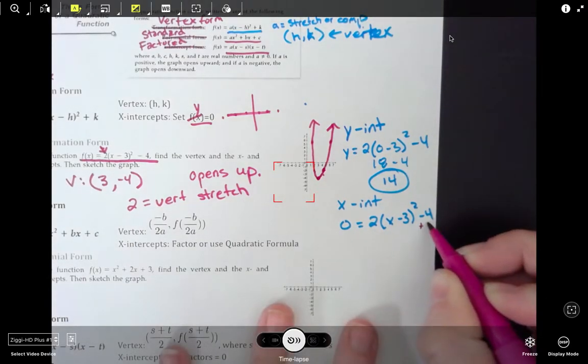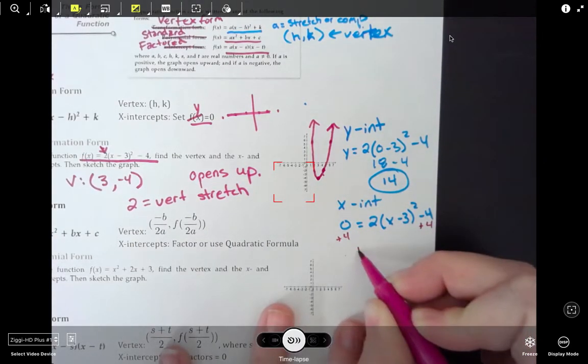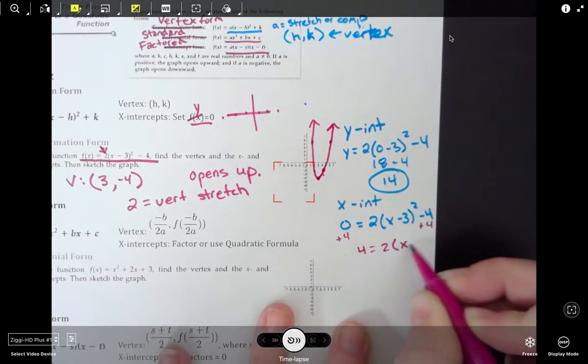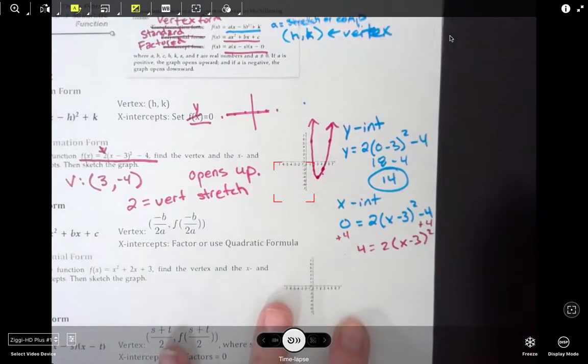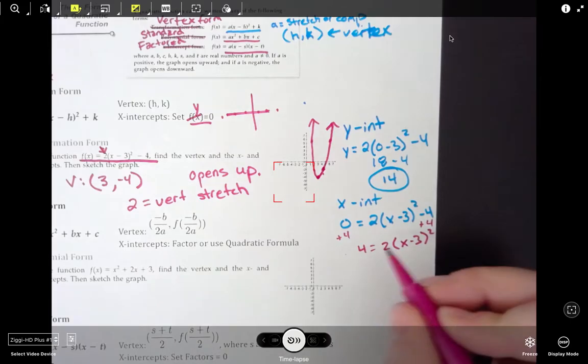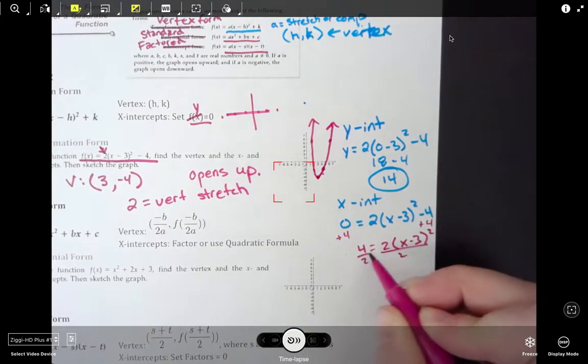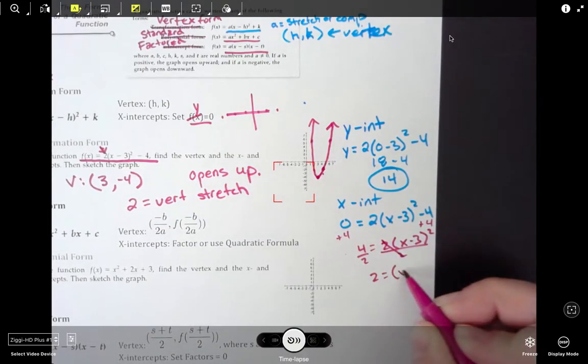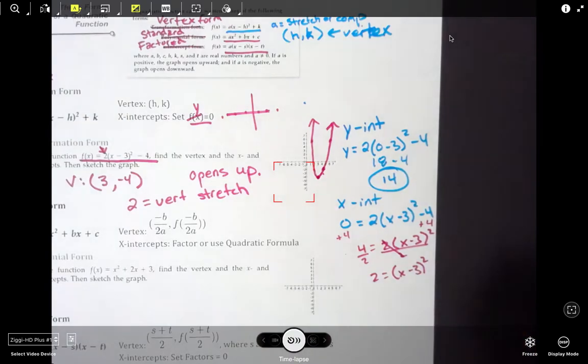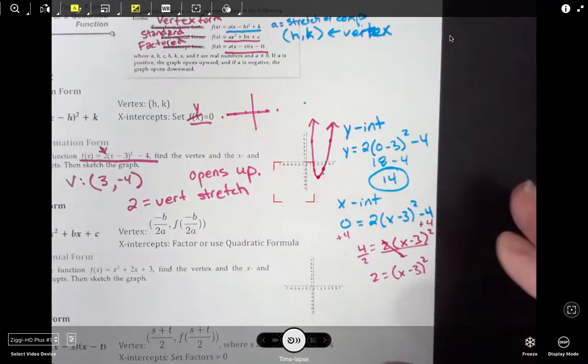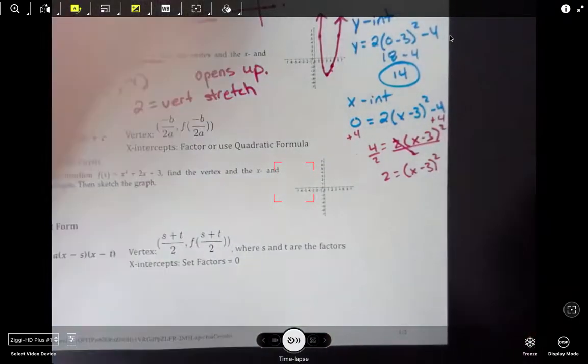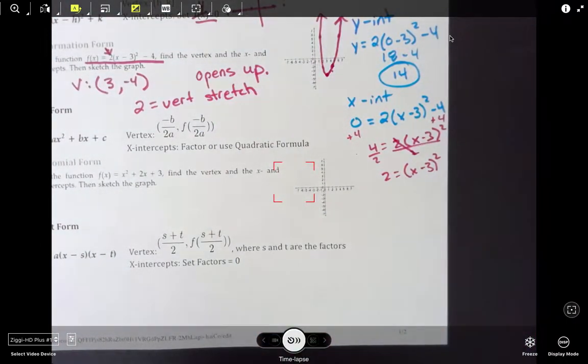Add 4, plus 4. So 4 equals 2 times (x minus 3) squared. Then what? Not yet. Divide by 2. So 2 equals (x minus 3) squared. Now square root.